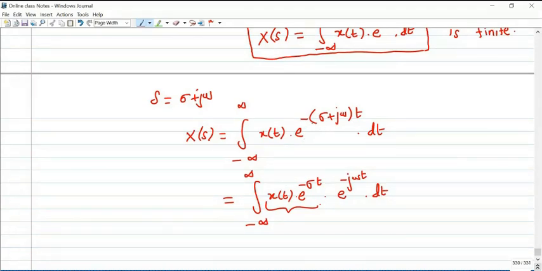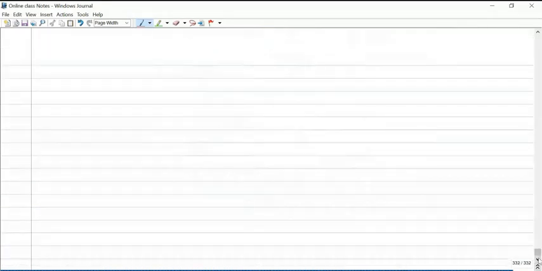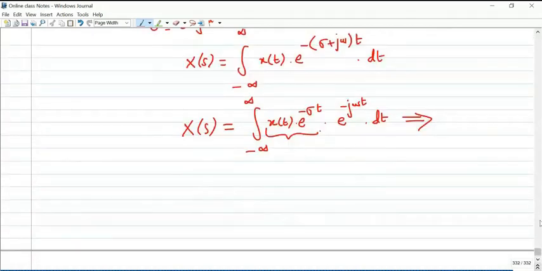x of t e power minus sigma t dot e power minus j omega t. Now if you compare this equation with the Fourier transform, the Laplace transform of a signal x of t is nothing but the Fourier transform of x of t e power minus sigma t.